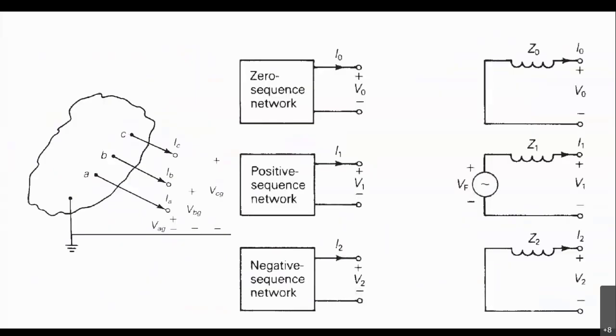Now if we see a system network, we can represent it as an equivalent circuit. This is your equivalent circuit, and let us say there is a fault point, like ABC is represented. Under balanced fault condition, I can represent the network like this: zero sequence, positive sequence, and negative sequence network, which in equivalent circuit form I can represent like Z0.